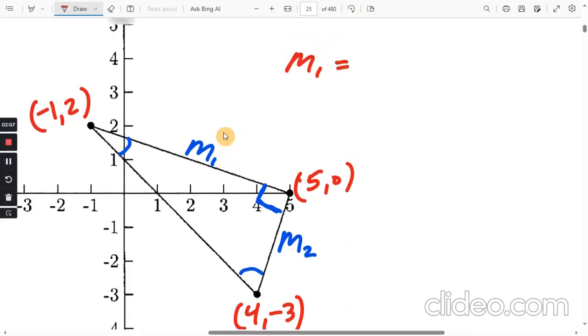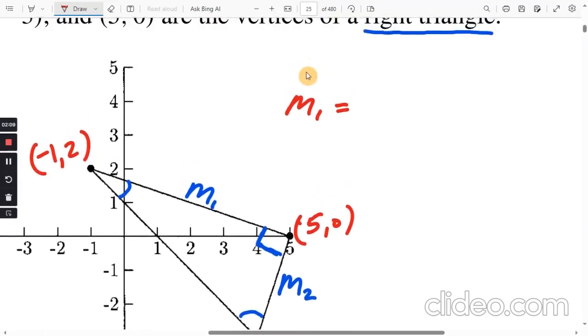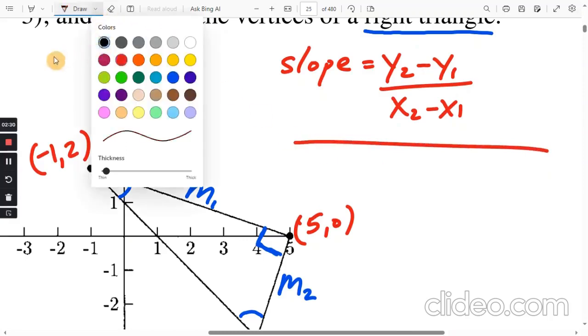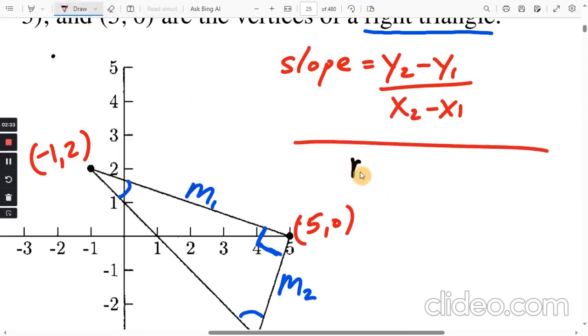generally speaking, we know that slope is y2 minus y1 over x2 minus x1. So for M1, subtracting the y's, you want to go in the same direction.